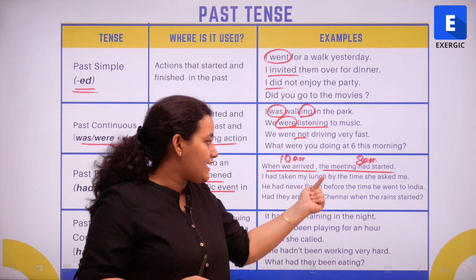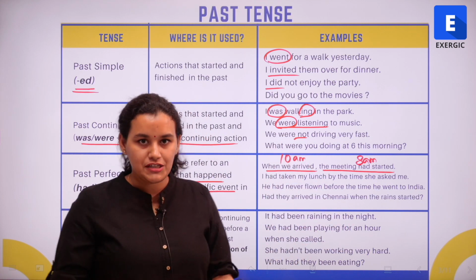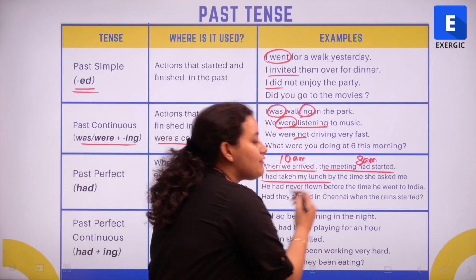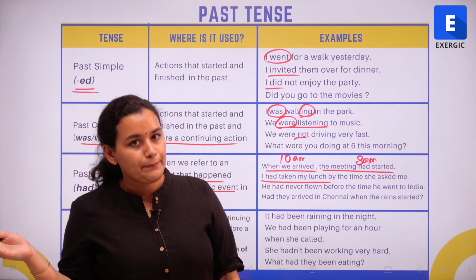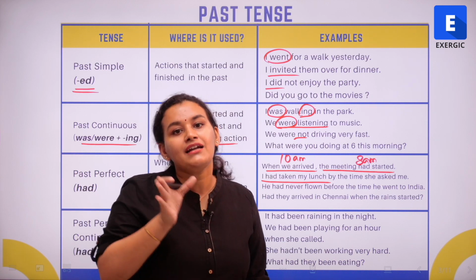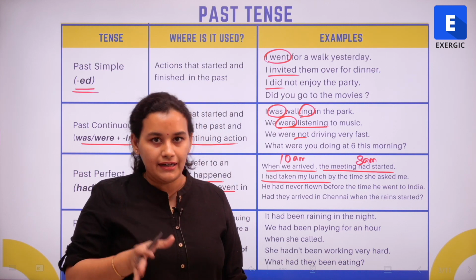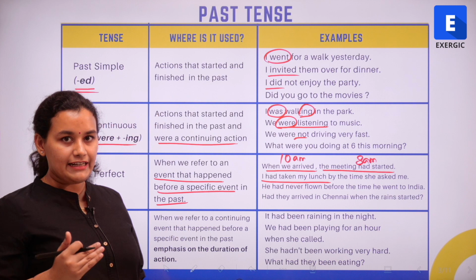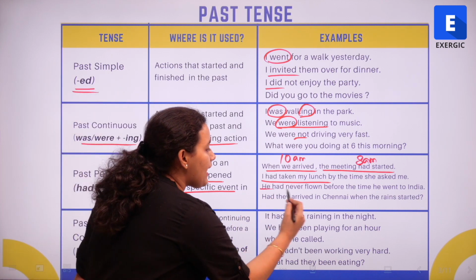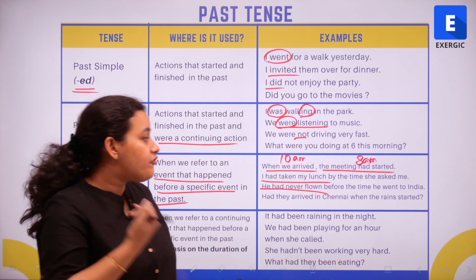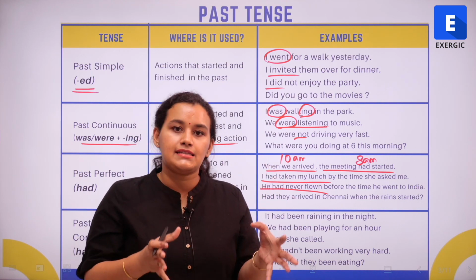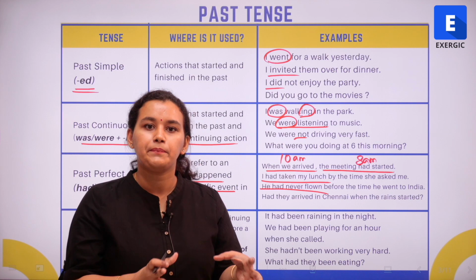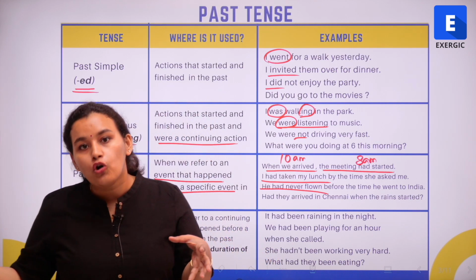I had taken my lunch by the time she asked me. So I had taken my lunch is something that happened earlier. So I ate at say 1 p.m. and she asked me at 3 p.m. Right? I hope this is clear. A negative sentence would be he had never flown before the time he went to India. So he went to India at a particular time in the past and he had never flown before that.